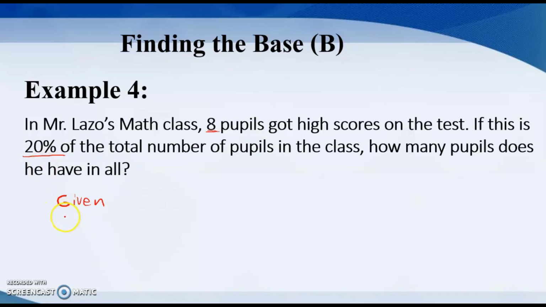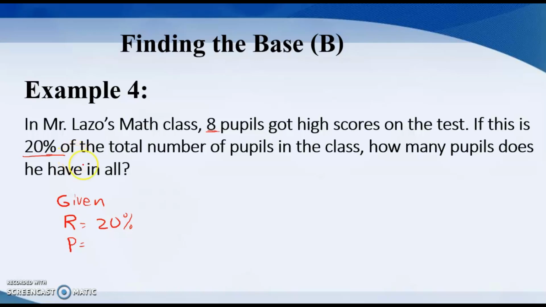Okay, so unahin natin yung rate. So may 20%. So may percent symbol, that is our rate. And then yung 8 kaya, ano kaya to? Base ba to or percentage? Okay, that is percentage. Bakit? 8 pupils, 8 lang nakakuha, which is 20%.